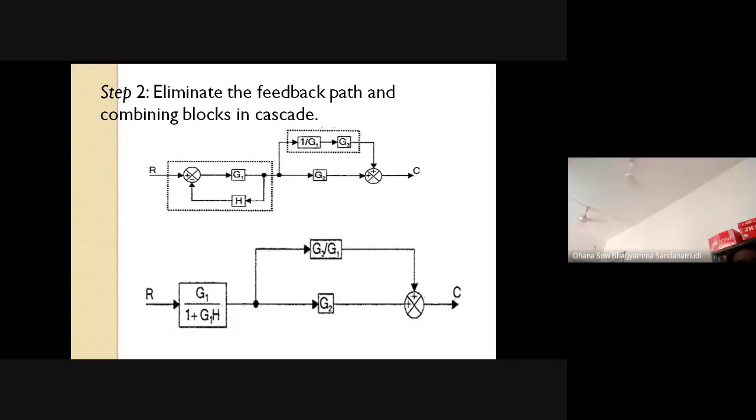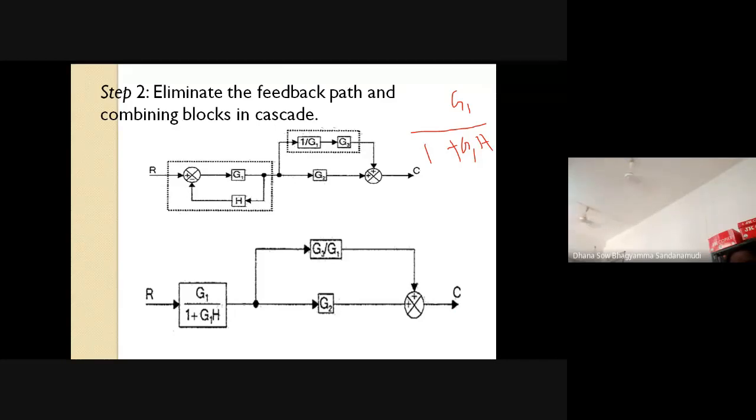So G1 by 1 plus G1 into H I will get. So combining the cascade blocks, now this is my next block diagram.